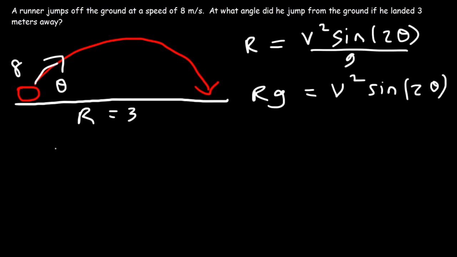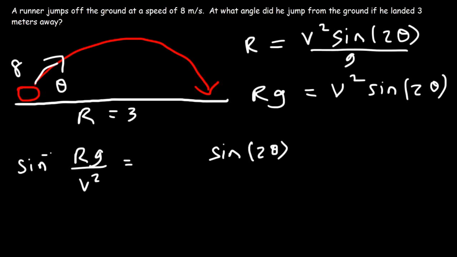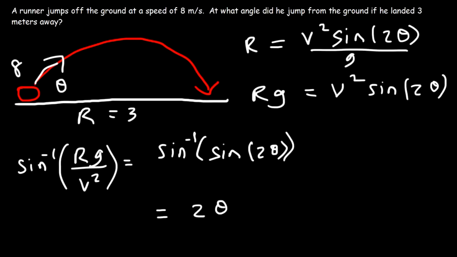And if we divide by v squared, we can see that rg divided by v squared is equal to sine 2 theta. Now we're going to take the arc sine of both sides. The arc sine of sine 2 theta is simply 2 theta.